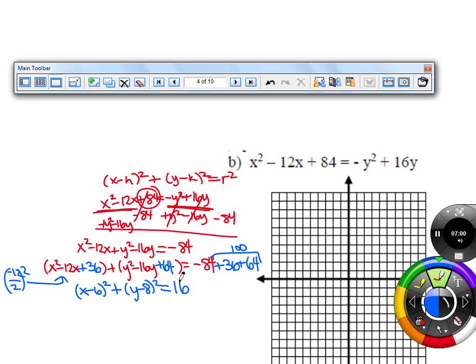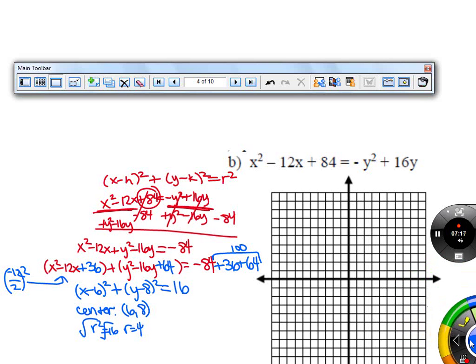So to plot this on my graph, this means my center is at (h, k). So in this case, (6, 8). And my r squared is equal to 16, which means my r is equal to 4. So I need to put a point at (6, 8) with a radius of 4.